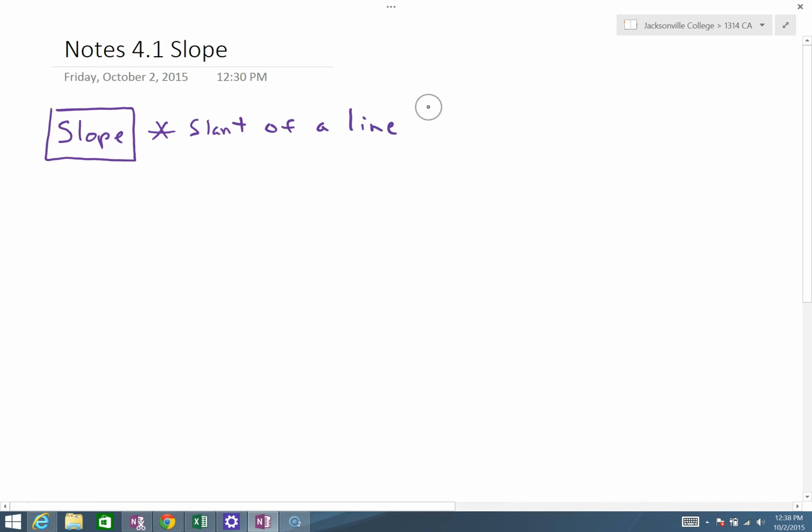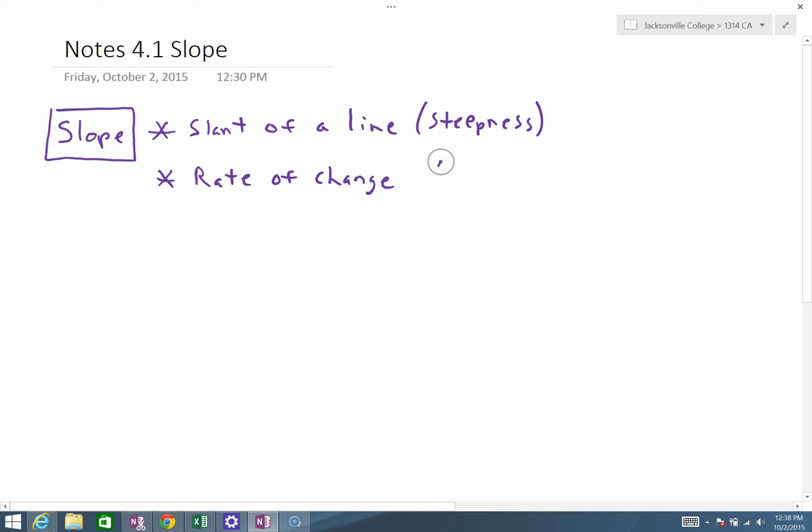And by slant of a line, I'm talking about steepness. The other context we'll describe slope is as a rate of change. The rate of change between two variables, and we'll just use the arbitrary x and y. Slope is the rate of change.